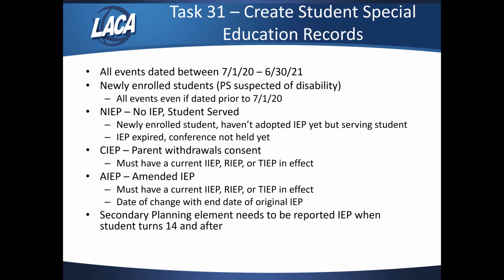That will hopefully help you catch all of these students who had events that people haven't given you the information to enter, or they haven't entered their information. Please keep up on this.